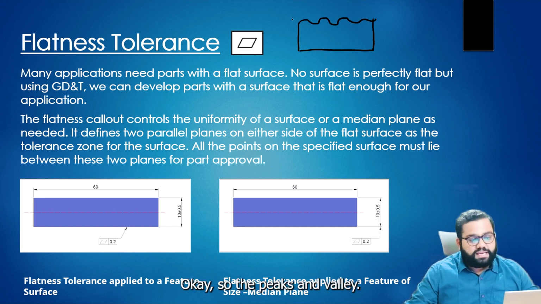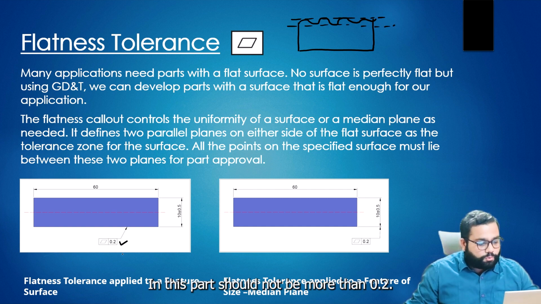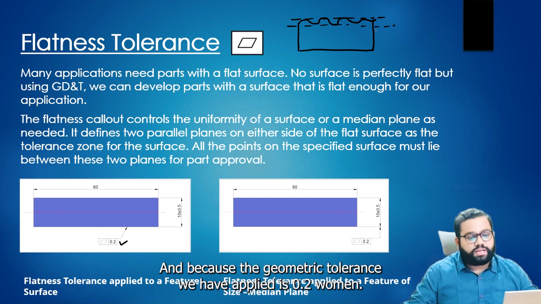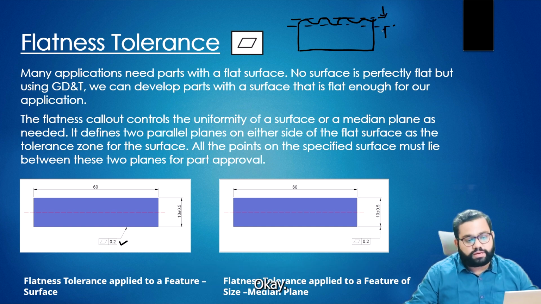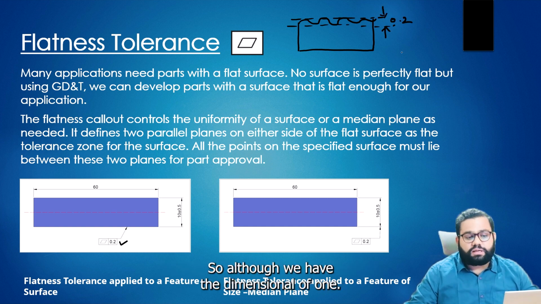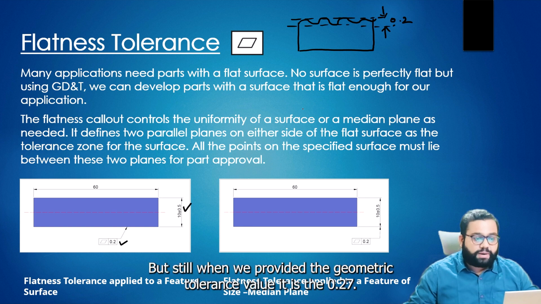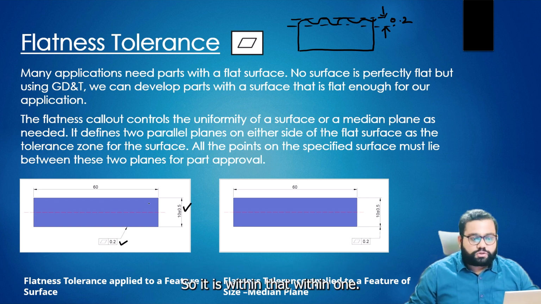The peaks and valleys in this part should not be more than 0.2 mm, because the geometric tolerance we have applied is 0.2 mm. Although we have the dimensional tolerance of 1 mm, when we provide the geometric tolerance value, it is 0.2 mm. So it is within 1 mm.